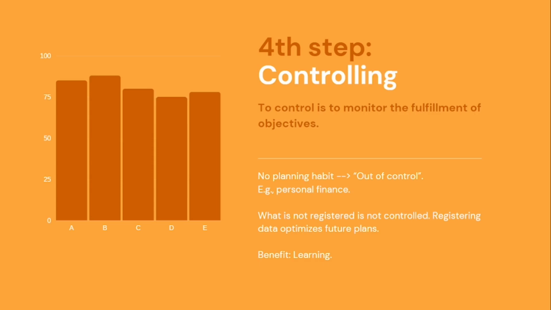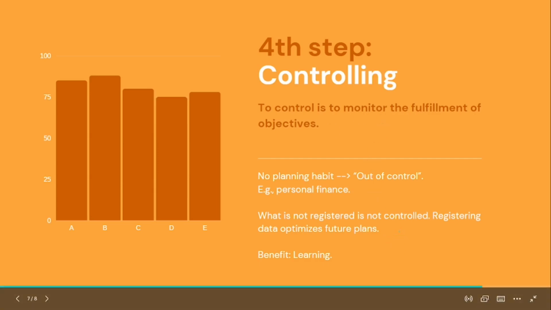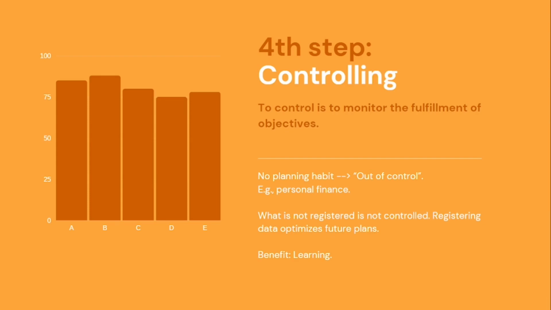And if we think better, registering is also ideal for your future plans. So let's say that you want to create a personal financial budget for next month. Of course, if you have historical data on how much you spent and what you bought over the last months, your personal financial budget will be much more precise, much more accurate.